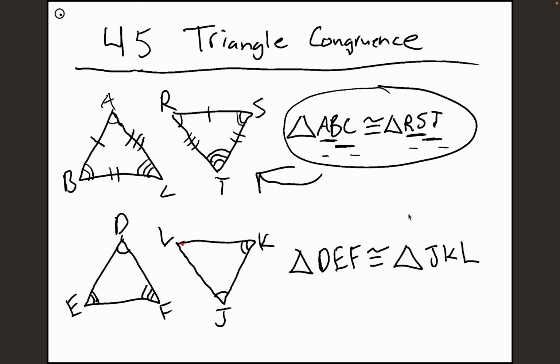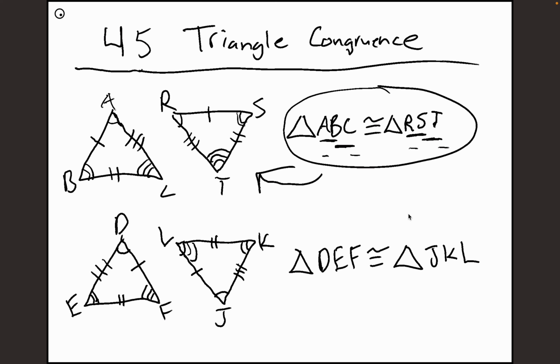L. Now what side am I going to say is congruent to DF? JL. What about EF? KL. And then finally DE? JK.